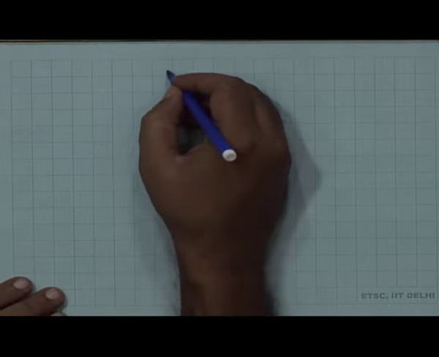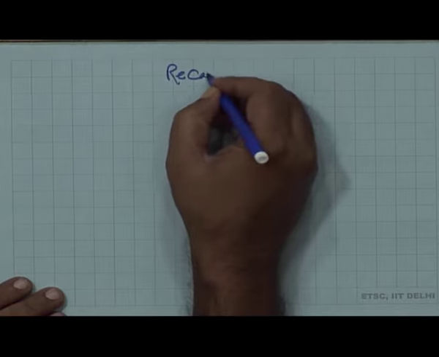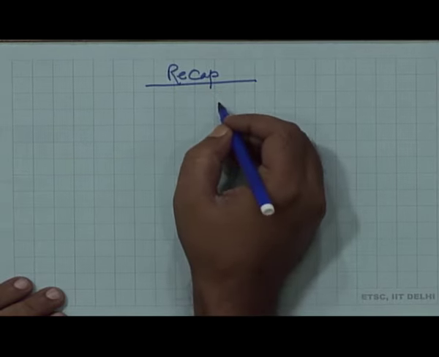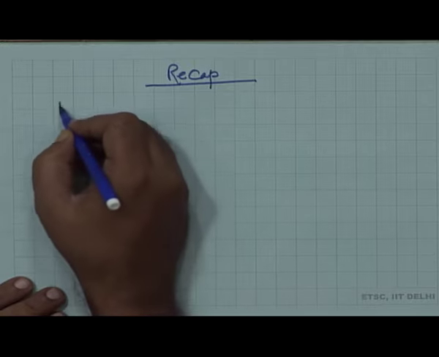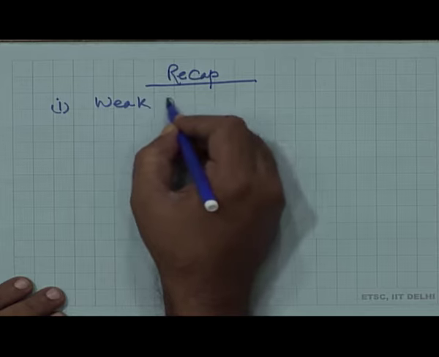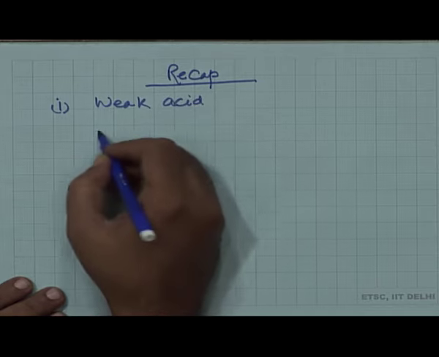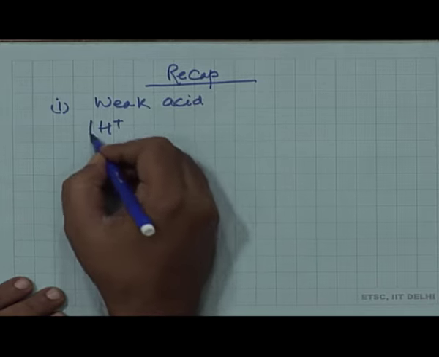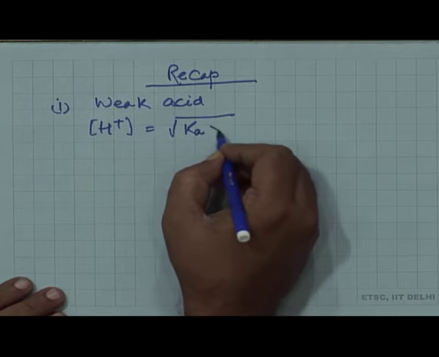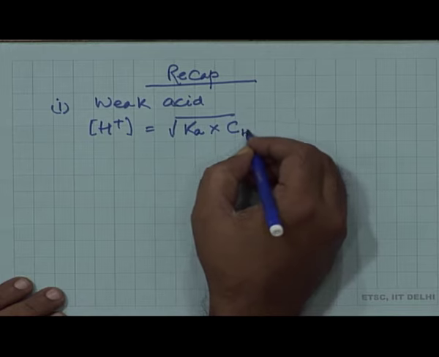As a recap of the last lecture, where we calculated the pH of different solutions, for example, for weak acid we calculated H plus to be root under Ka into C of HA.